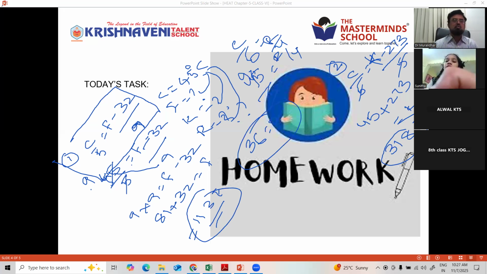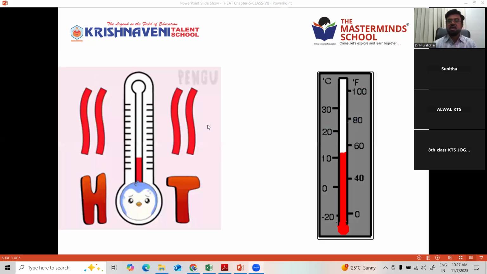How to convert one system into another, one scale into another by using the relationship. Like that, so many problems will come across in the examinations, competitive exams regarding these conversions. Maybe we'll give in our worksheets also. While you are practicing, you use the formula C by 5 is equal to F minus 32 by 9, which is equal to K minus 273 by 5 equal to R by 4.